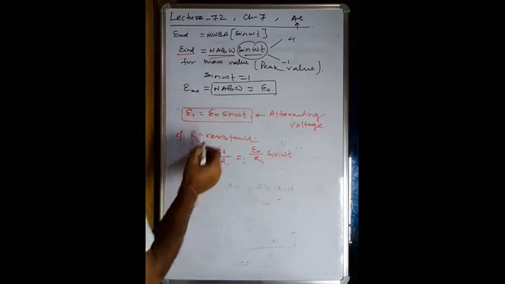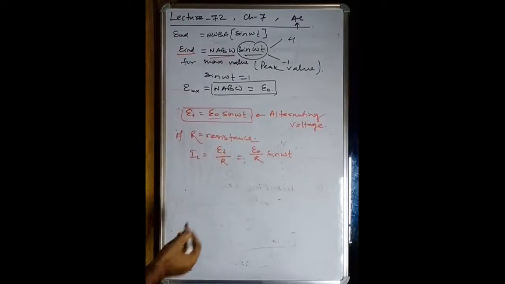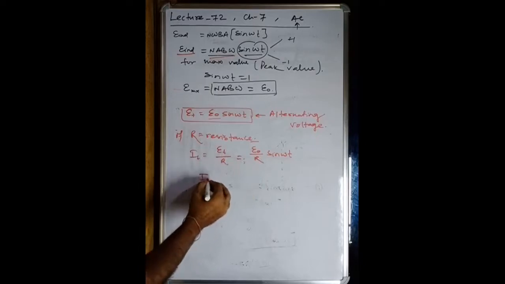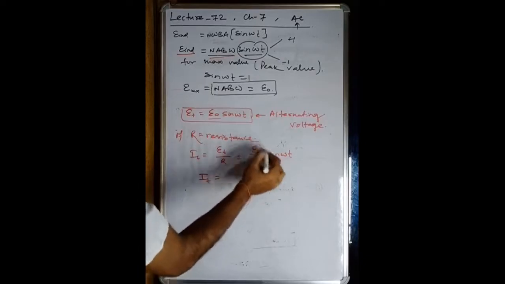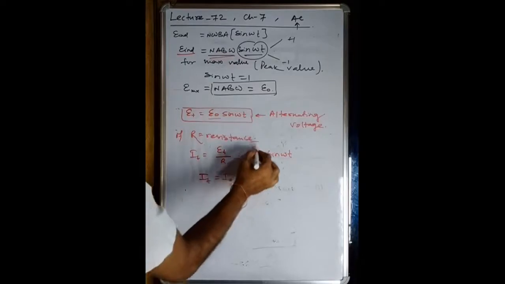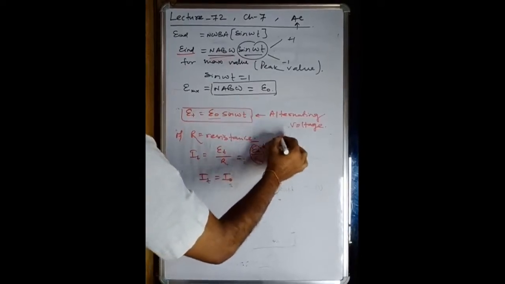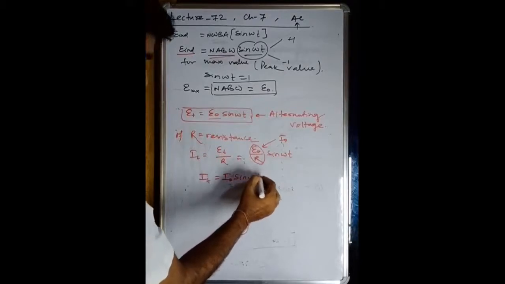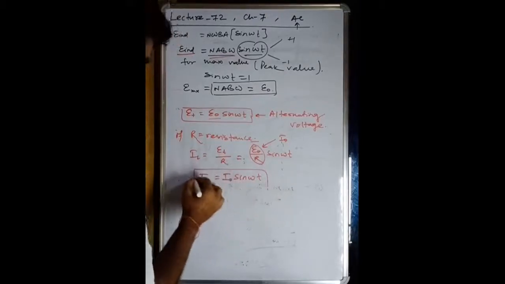Since E naught divided by R is the maximum value and a constant, this will give you I(t) as I naught sine omega t.